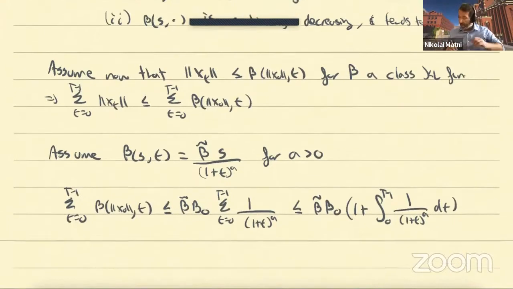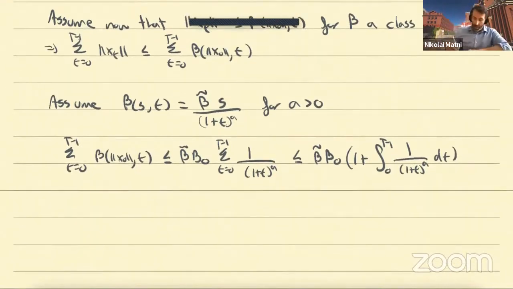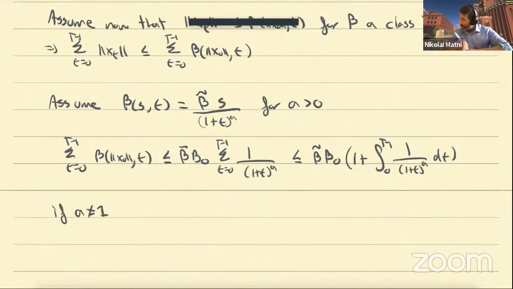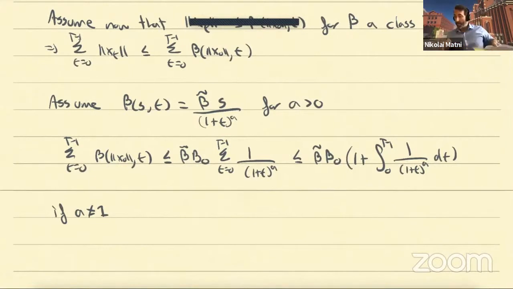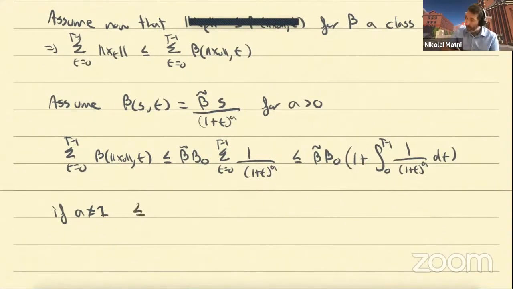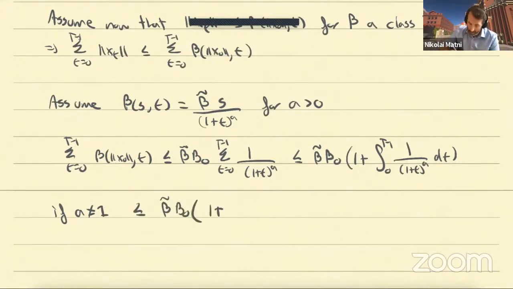Okay, so let's look at what the different cases are that come out of here. So if a is not equal to 1, then this ends up being equal to, and I'll spare you the details, you can end up being able to upper bound this by beta tilde of b0 times 1 plus t to the 1 minus a over 1 minus a.